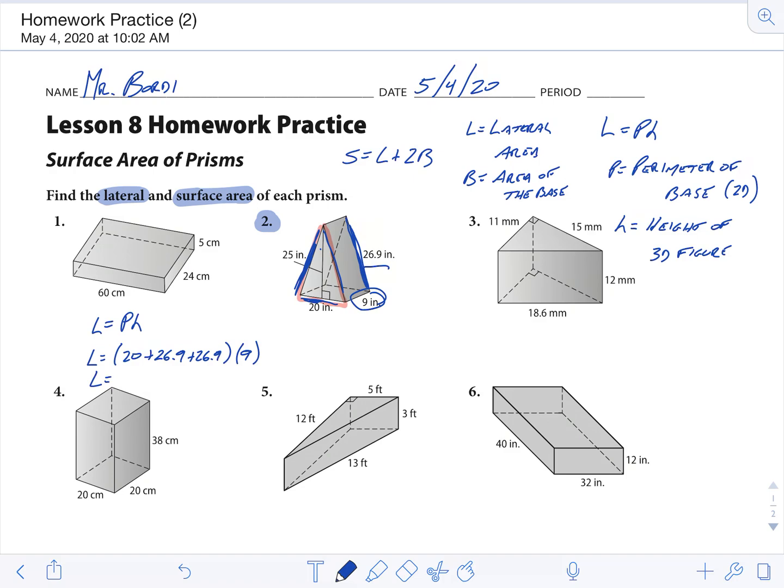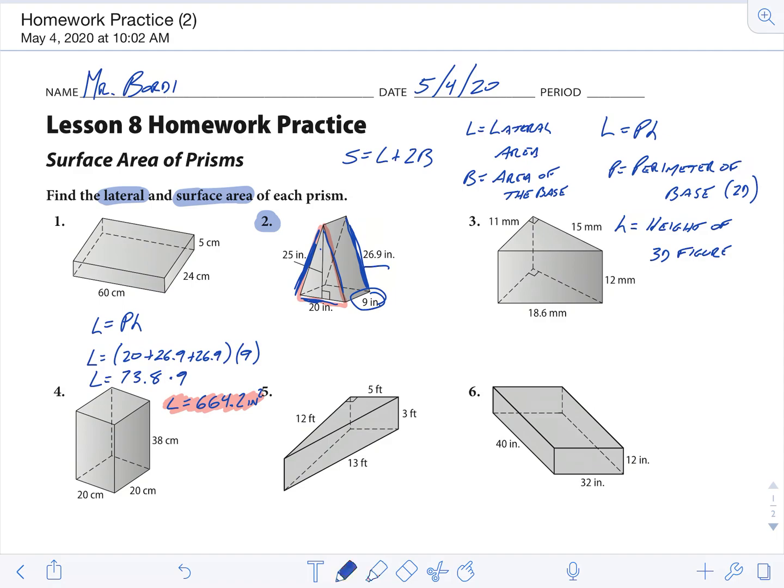That's going to give me an answer of 73.8, and I need to multiply that by 9 to get a grand total of L equals 664.2 inches squared. I'm going to highlight that. That's one of my two answers I need to find. I need to find the lateral and now the surface area. So I'm going to need that information.